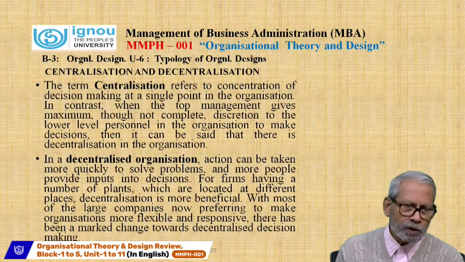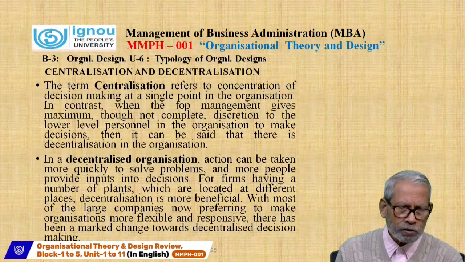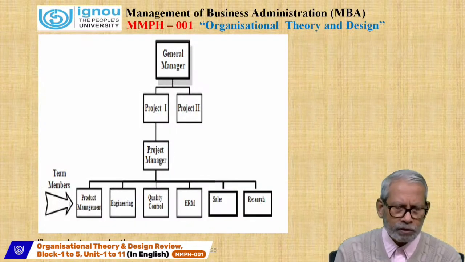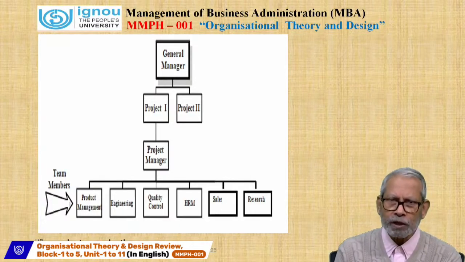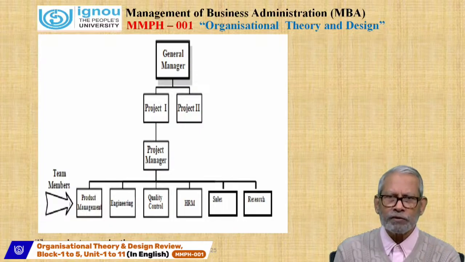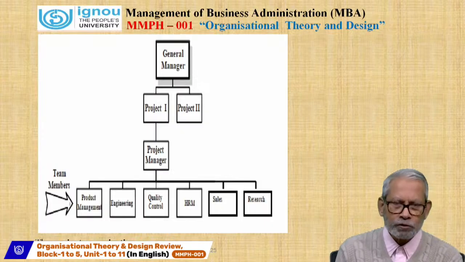Another diagram is there. General manager. This is the project management part, where a project manager is structured for the project work. Here there are project 1, project 2, and the general manager, to whom they report.